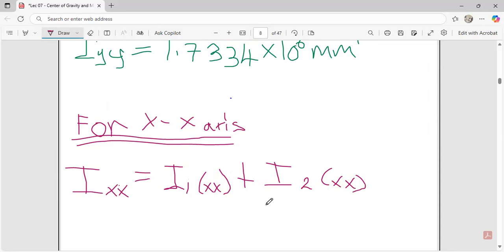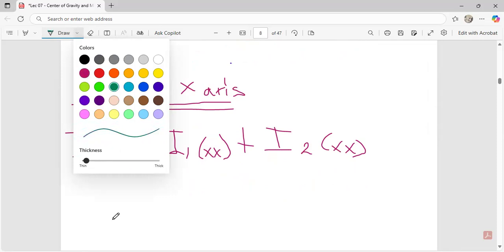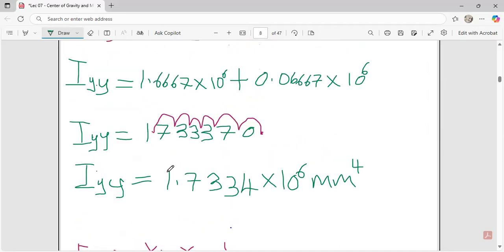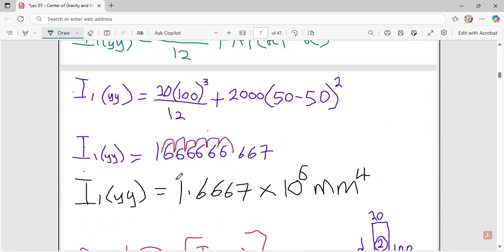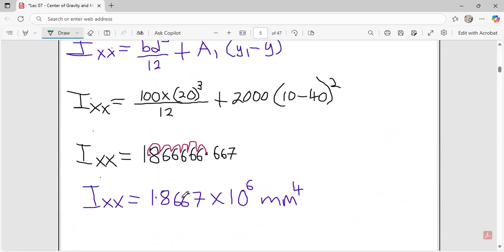So let's quickly substitute our values into the equation to find the answer. Which answer did we get for part 1 of the xx? For part 1, we had 1.8667.